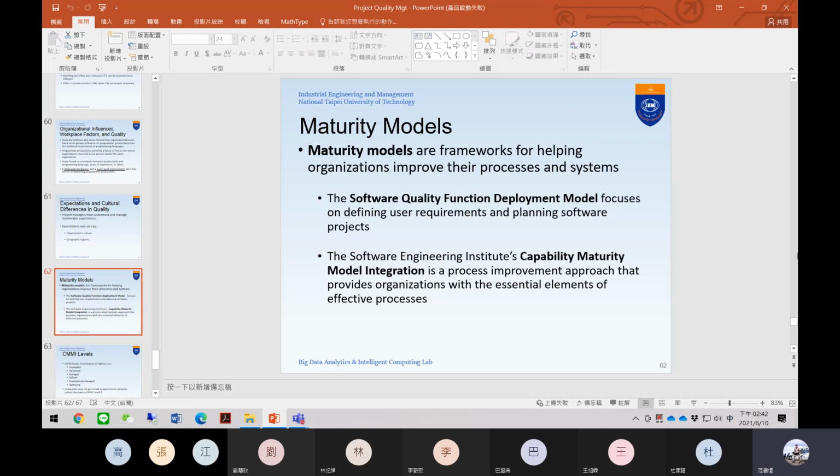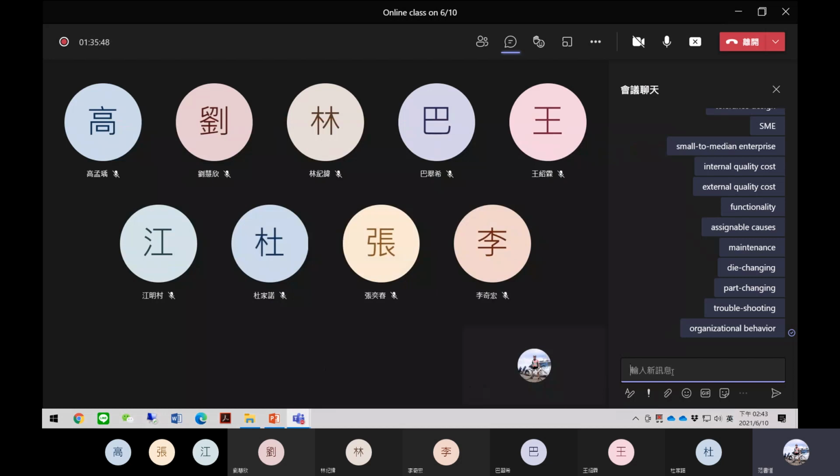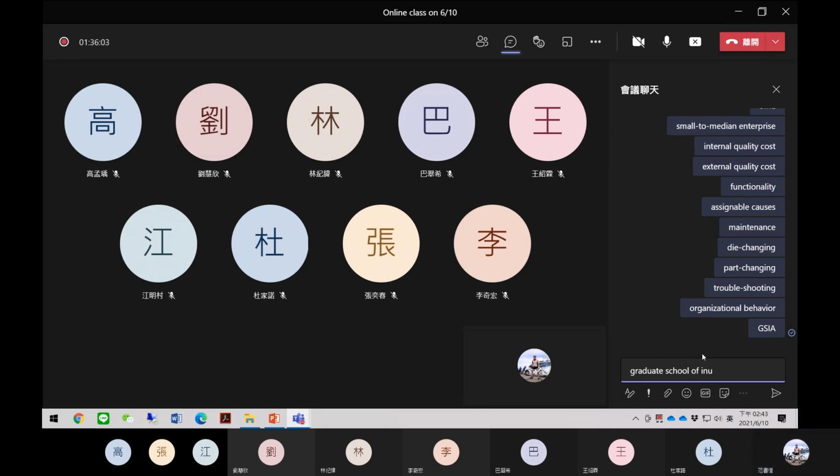So maturity model, I think that will be one of the GSIA, the Graduate School of Industrial Administration. So GSIA, this is a graduate school of administration.